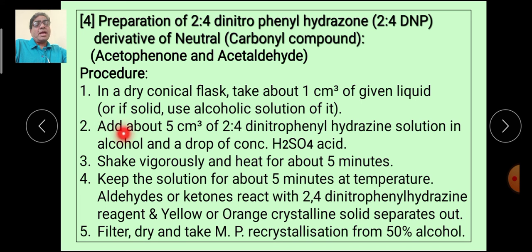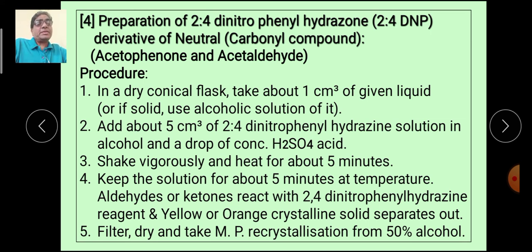Then add about 5 cc of 2,4-dinitrophenylhydrazine solution, which is prepared in alcohol, and a drop of concentrated sulfuric acid, the dehydrating reagent.